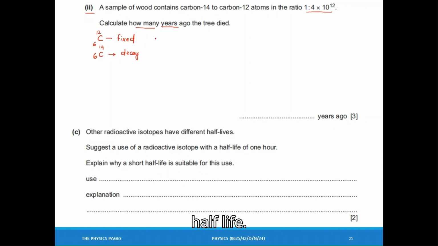And the half life for carbon 14 is given in the previous part: 5,700 years.